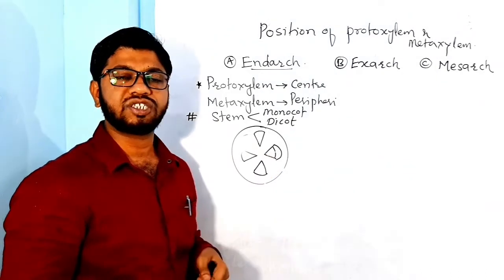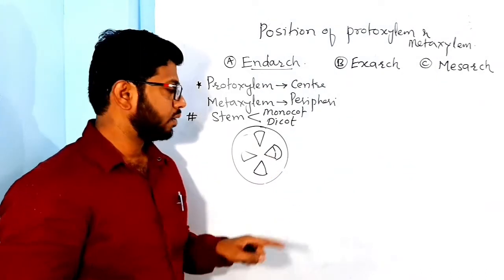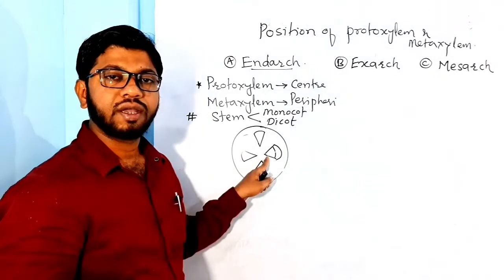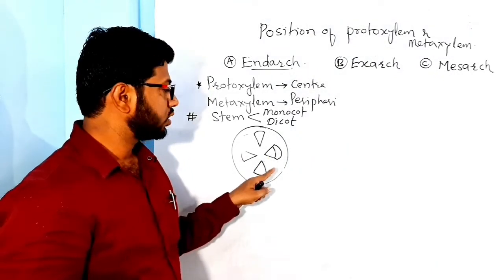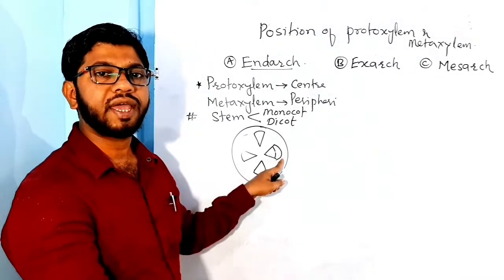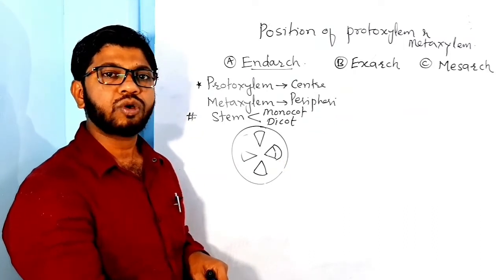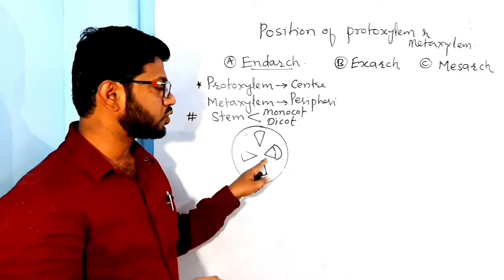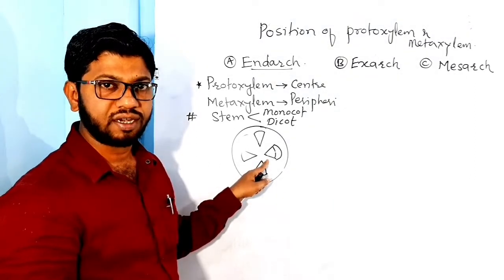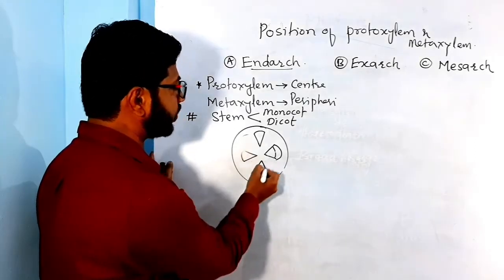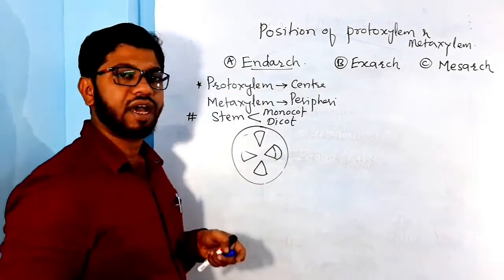In the earlier session, we discussed that protoxylem is narrow and metaxylem is broad. So the broad portion at the periphery means metaxylem at the periphery. The narrow portion at the center means protoxylem facing towards the center. So this kind of arrangement is an arrangement of endarch.